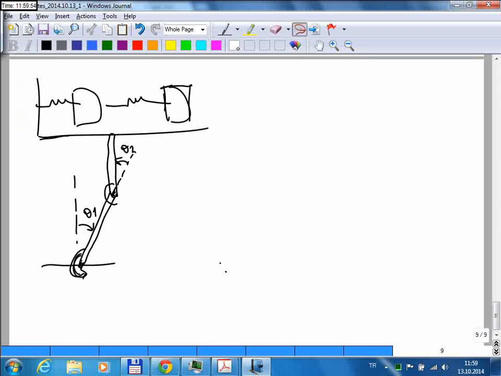If you take a spring mass damper or spring mass system like this, and it's moving along this axis only, this is 1 degree of freedom, your only degree of freedom.